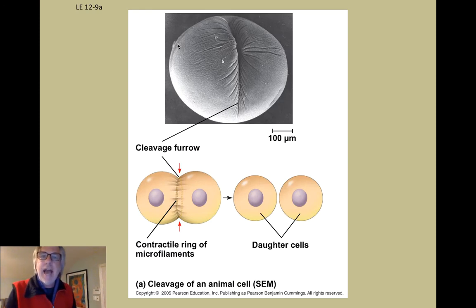So here's an actual micrograph of cytokinesis in an animal cell. And you can see that this furrow is being pinched off, and we draw it schematically like this, and eventually they will separate. And what it appears to be is there's microfilaments, which are a type of cytoskeleton element, which just keeps, like a lasso, tightening, and drawing the two cells apart.